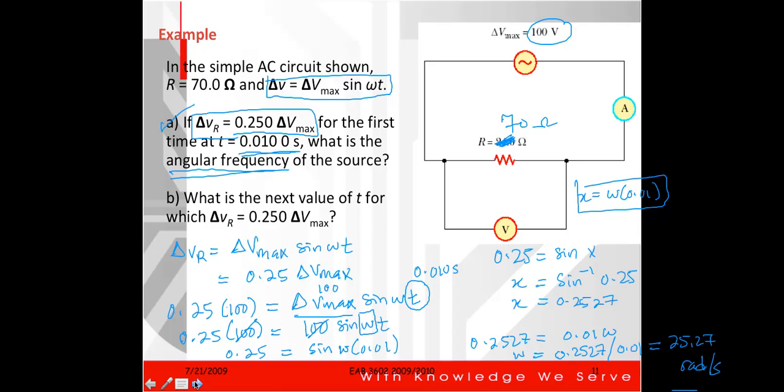So for B, boleh tak saya minta all of you to try to do it, and then in the next class saya akan minta you all cuba tunjukkan cara pengiraan what is the next value of T. Basically dia nak tahu T2, for which delta VR is equal to 0.25 delta Vmax. Cuba you all buat. Okay, siapa yang dapat jawapan dia ataupun yang boleh tunjukkan kat saya akan bagi bonus mark for next week. Okay. So I think that will be the end of our class for today.